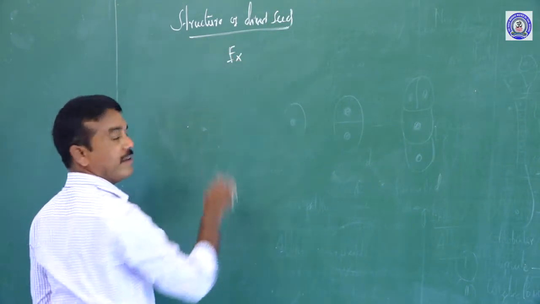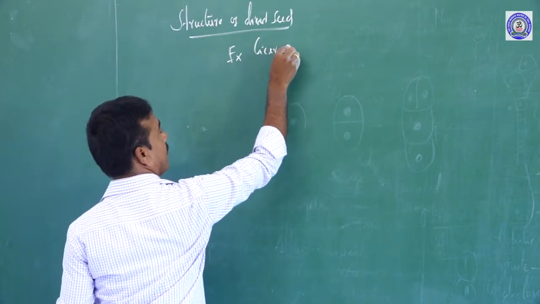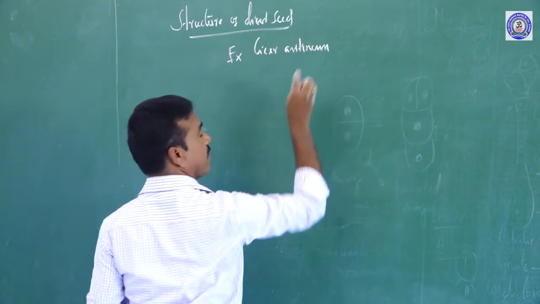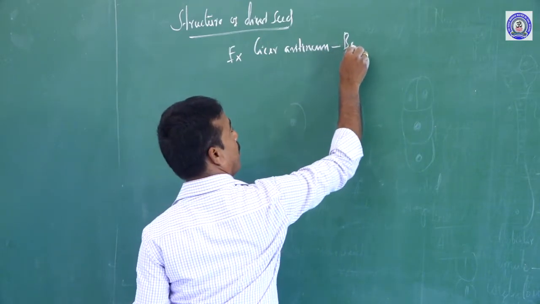Example, Cicer arietinum. It is commonly called Bengal gram.